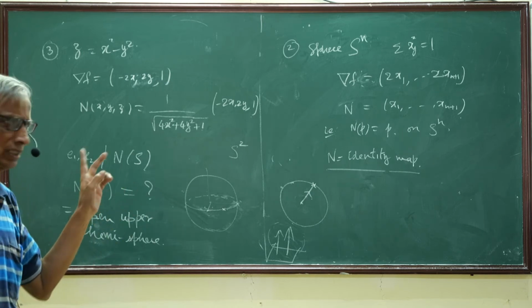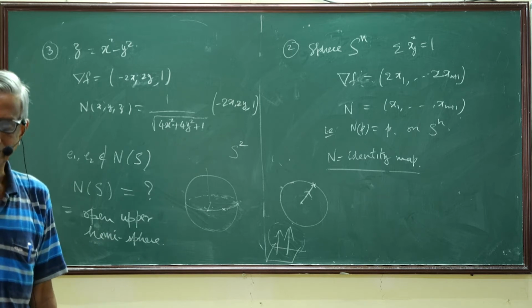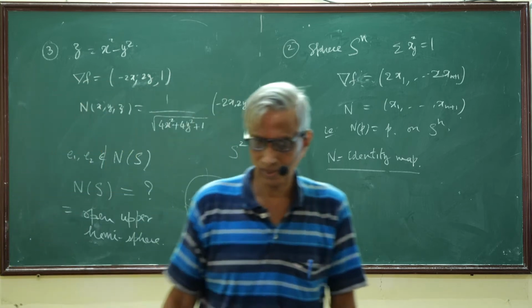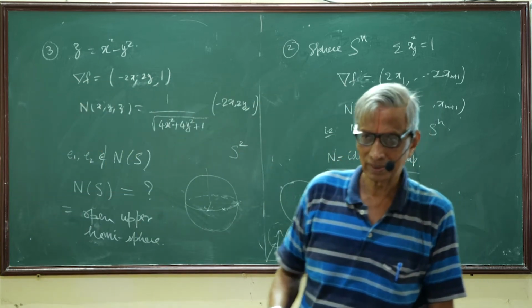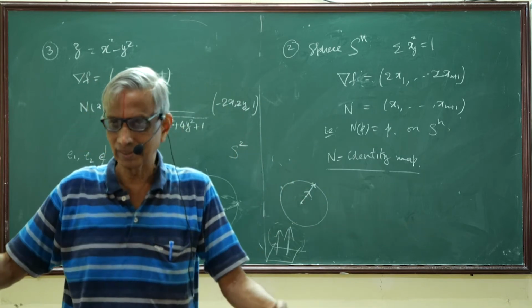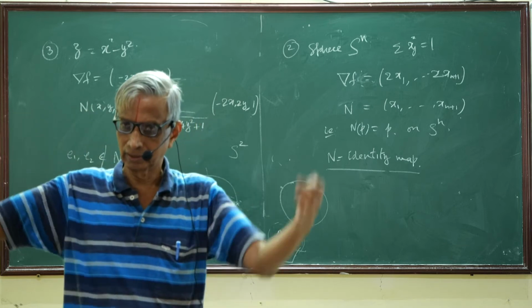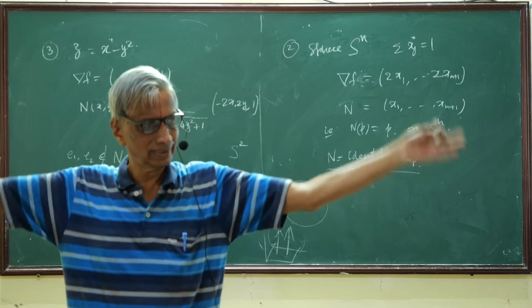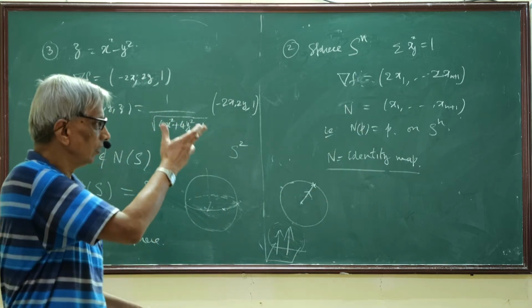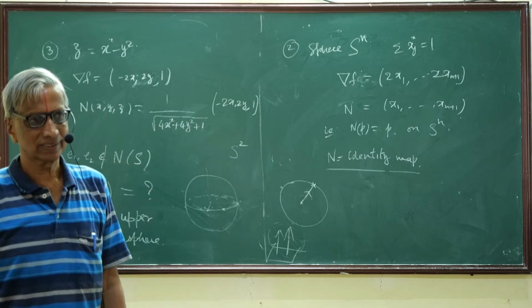Do you see any reason why this should happen, nature of the surface? So the first case you had the plane. The third case you have the hyperbolic paraboloid, right, which is again an unbounded thing, whereas the sphere here is a compact surface.